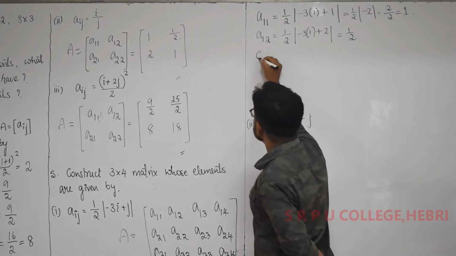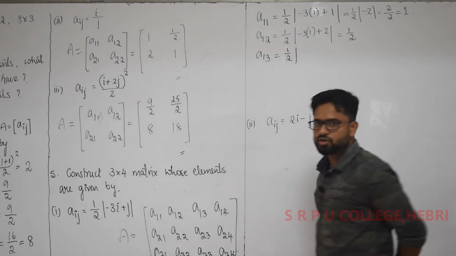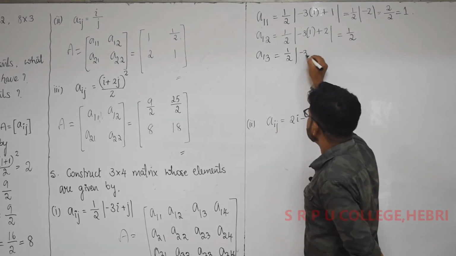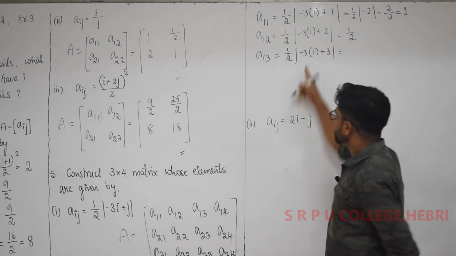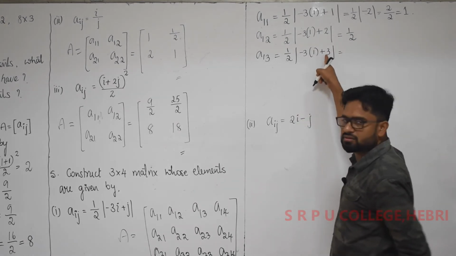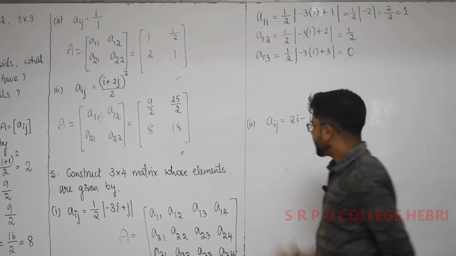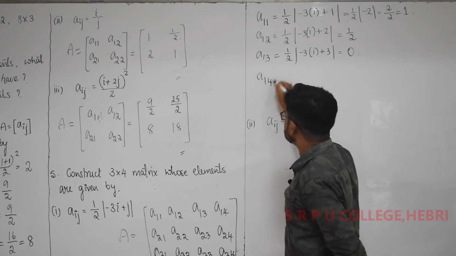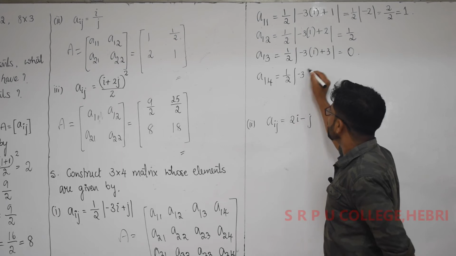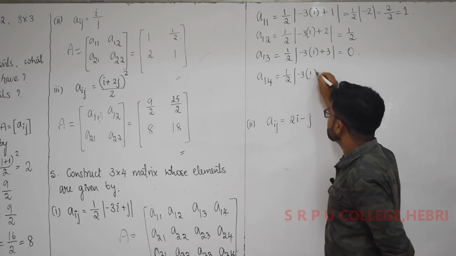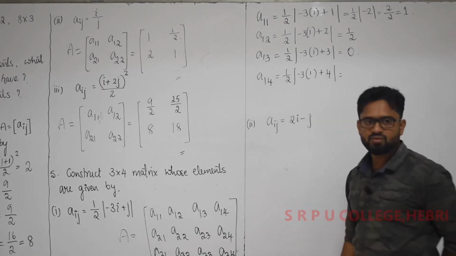Next A13: half into modulus of minus 3 into 1 plus 3. Minus 3 plus 3 is 0. 0 into half is 0. Next A14, we need A14 also. Half into modulus of minus 3 into 1, here i is 1, plus 4. Minus 3 plus 4 is 1. 1 by 2.